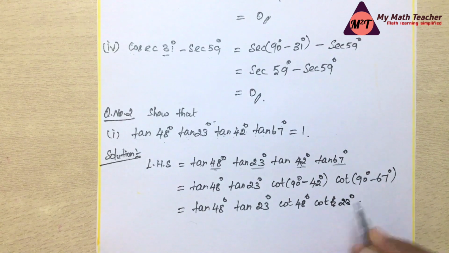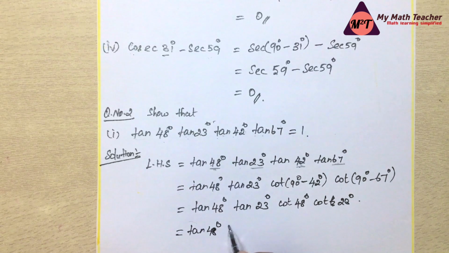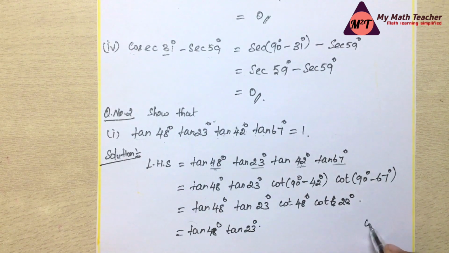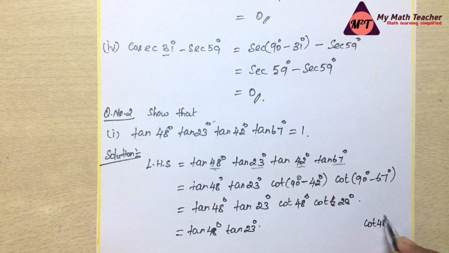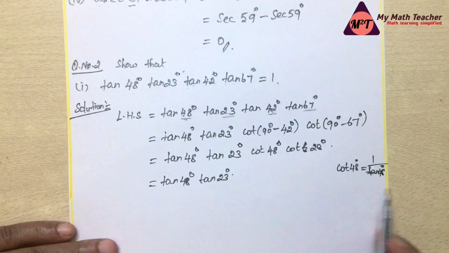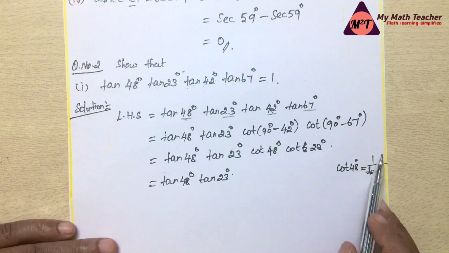Okay. Now here tan 48 degrees into tan 23 degrees. The next one, cot 48 can be written as 1 by tan 48. So this is the reciprocal. We have learned this in the first exercise itself. So cot theta is 1 by tan theta.